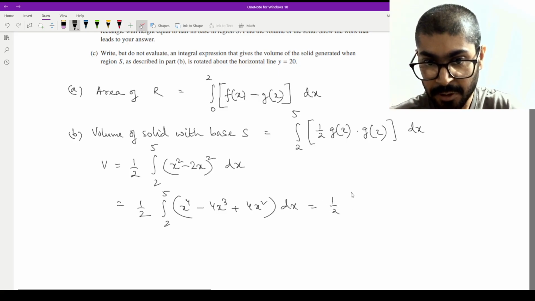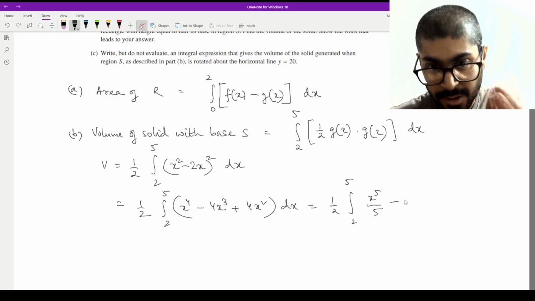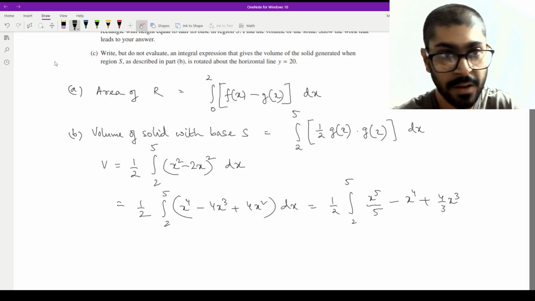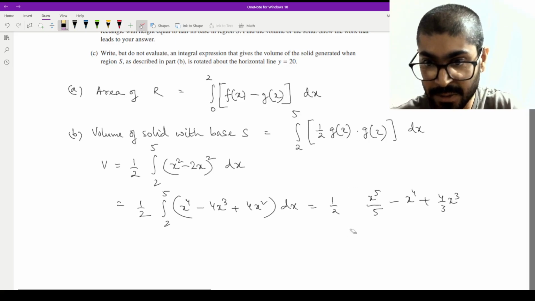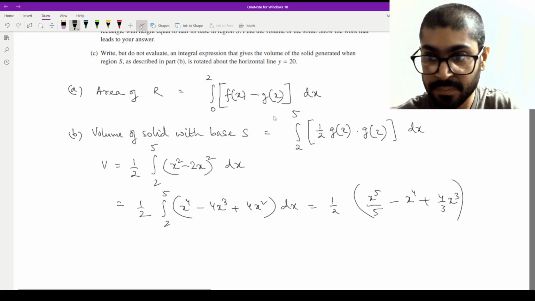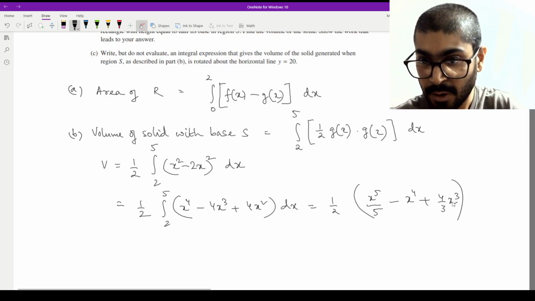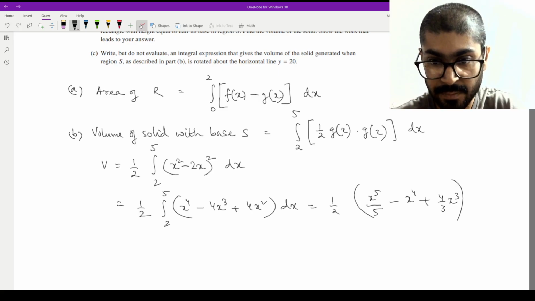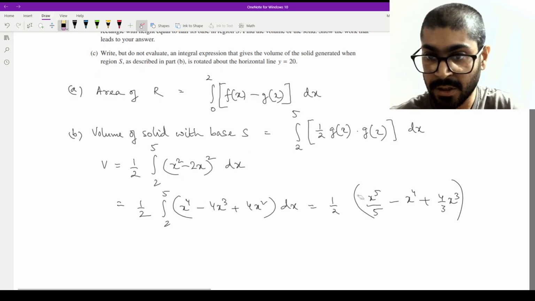It will be half into x to the power 5 by 5 minus x to the power 4 plus 4 by 3 x cube. This will be evaluated from 2 to 5, right?